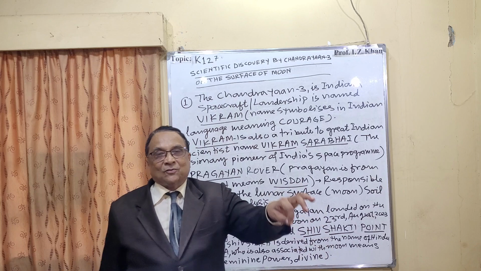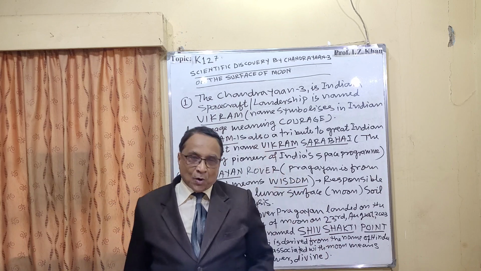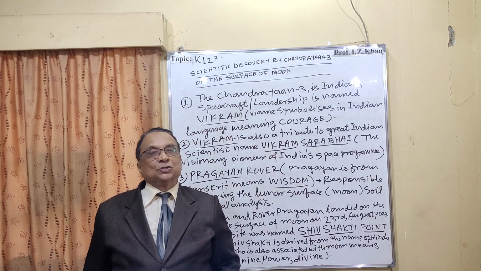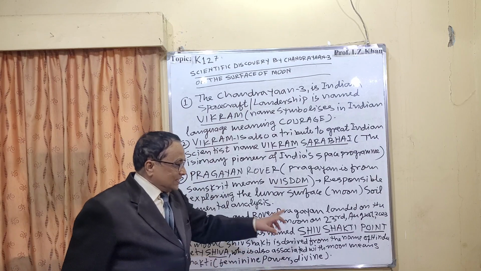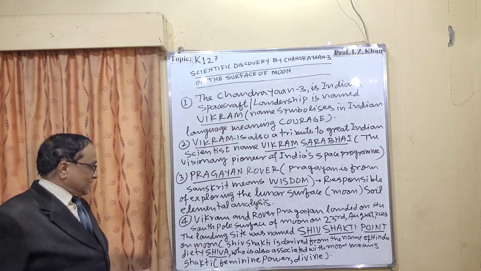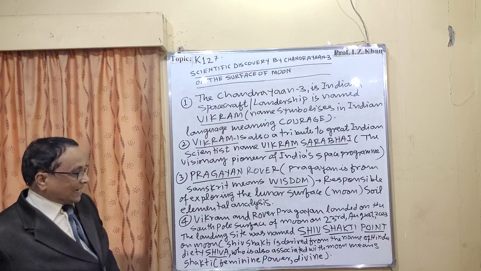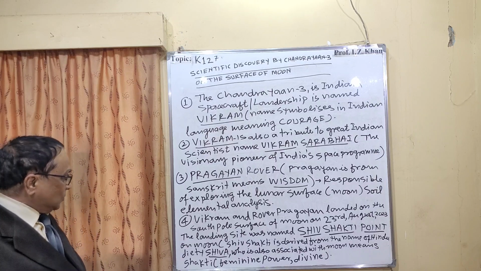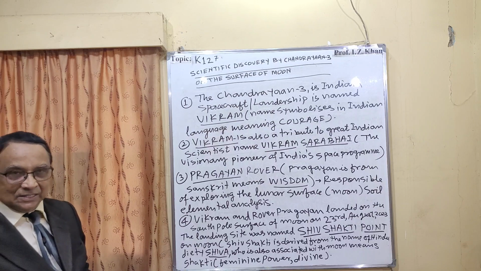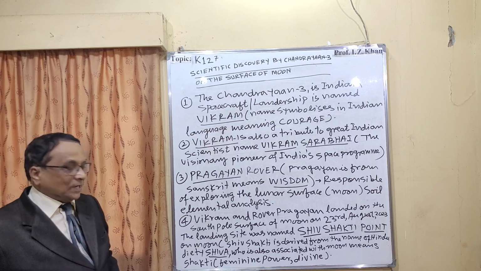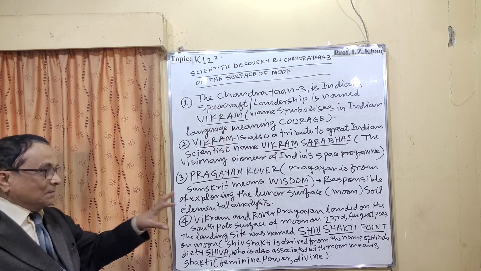The point where it landed in the South Pole is given the name Shiv Shakti Point. Shiv Shakti is derived from the name of the Hindu deity Shiva. Shiva is one of the Hindu deities, and the name given is symbolic.